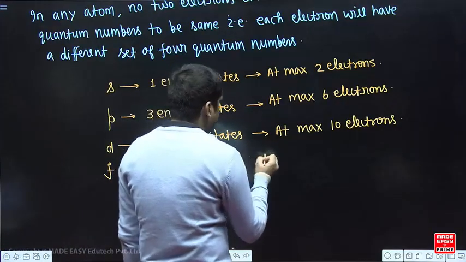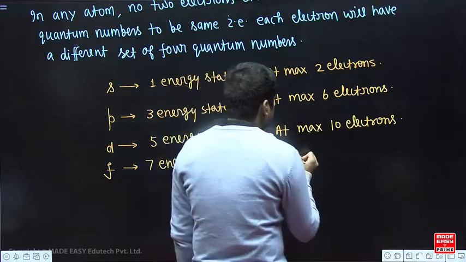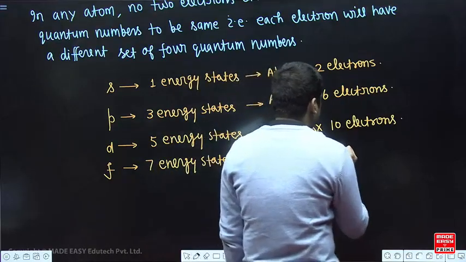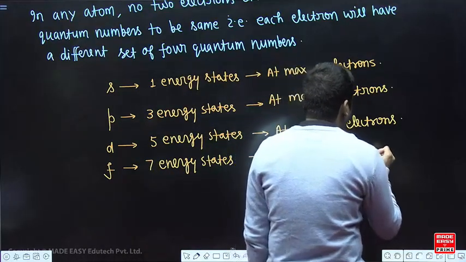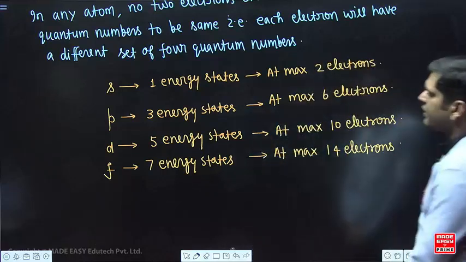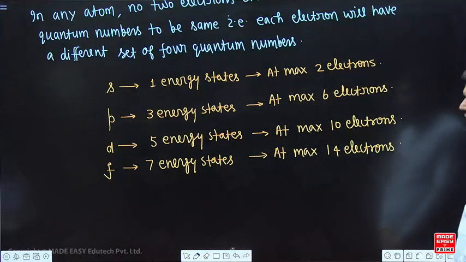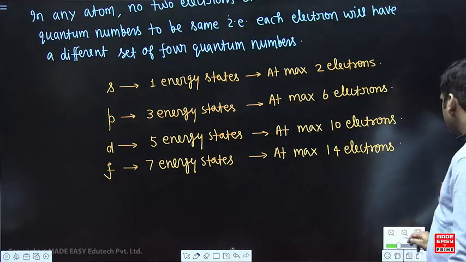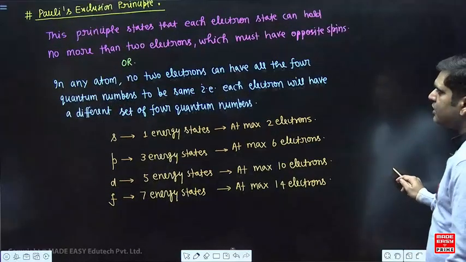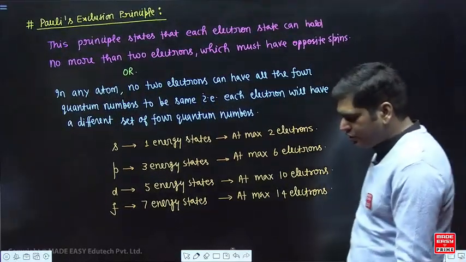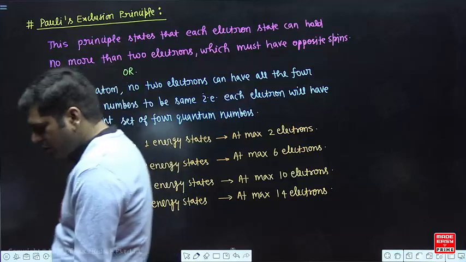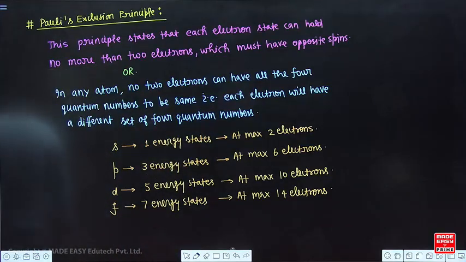What does it mean? It means at max it can have 14 electrons, not more than that. So the F subcell cannot accommodate more than 14 electrons. This way each subcell has a certain capacity to hold electrons, and it cannot hold more than this.